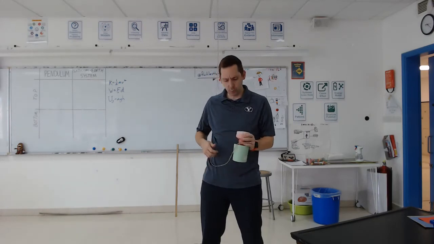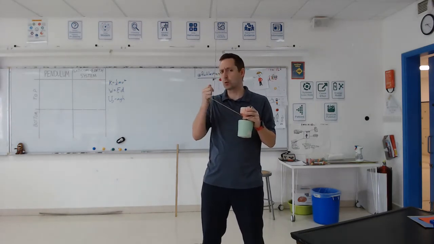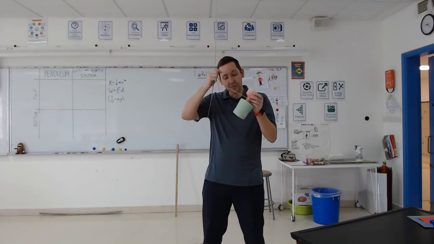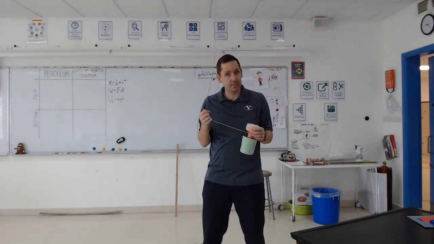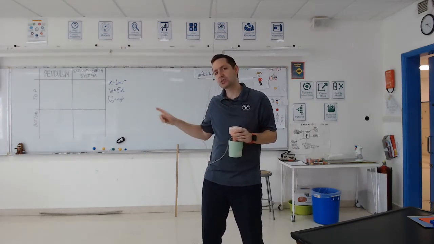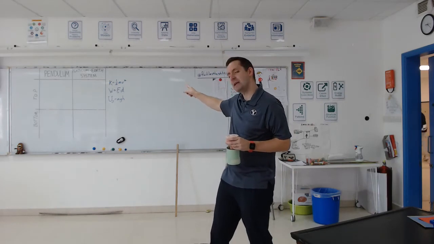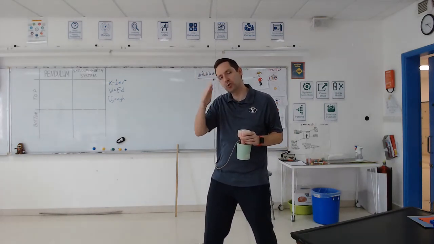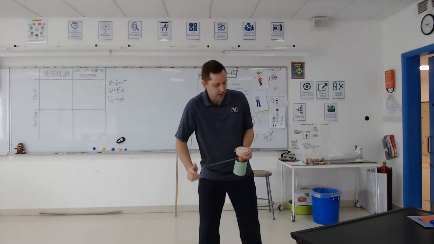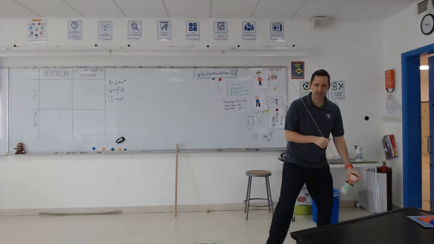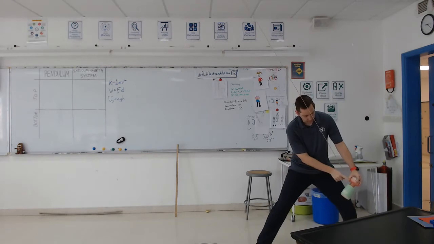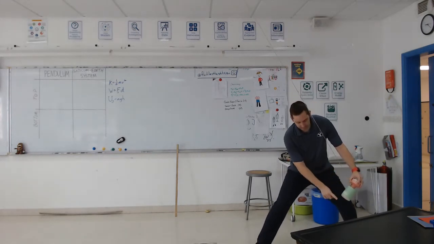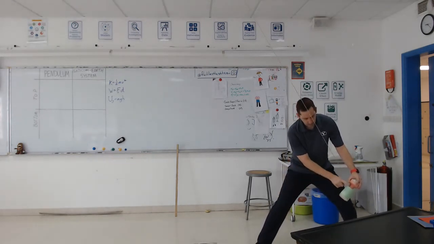Now, you may say, well, what about the string? There's another force there. Well, you should ask that question. That is an external force, isn't it? But remember that the external force only does work if the force has a piece that's parallel to the direction of the motion. Right here, the mass is moving down this way, okay?